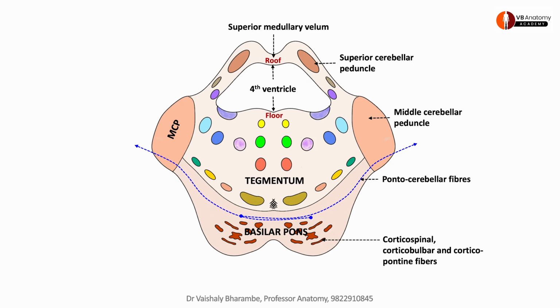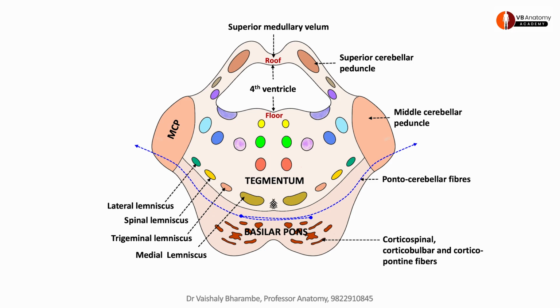Now let's go to the lemniscal band, medial lemniscus, trigeminal lemniscus, spinal lemniscus and the lateral lemniscus. This is, of course, the MTR, medial longitudinal bundle, tectospinal and rubrospinal tract.